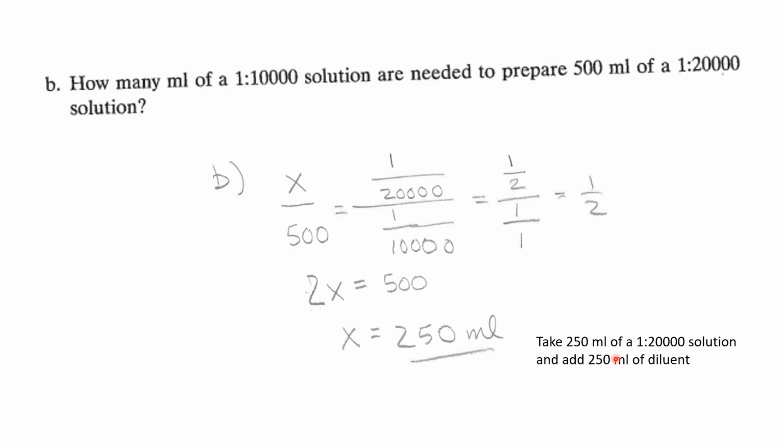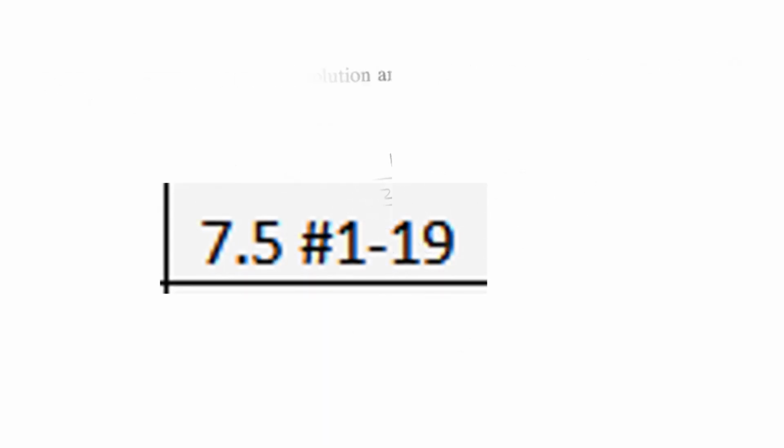So you take 250 milliliters of the 1 in 10,000 solution and add 250 milliliters of diluent because you want to have a total of 500. And you should do, as the syllabus suggests, problems 1 through 19 in your textbook.